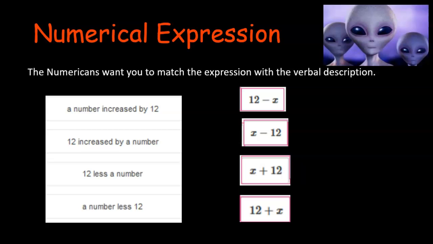So let's match the expression with the verbal description. A number increased by 12. So let's see, we have a number increased means add, and 12 is our number. A number. Oh, I think it's this one right here. There we go.